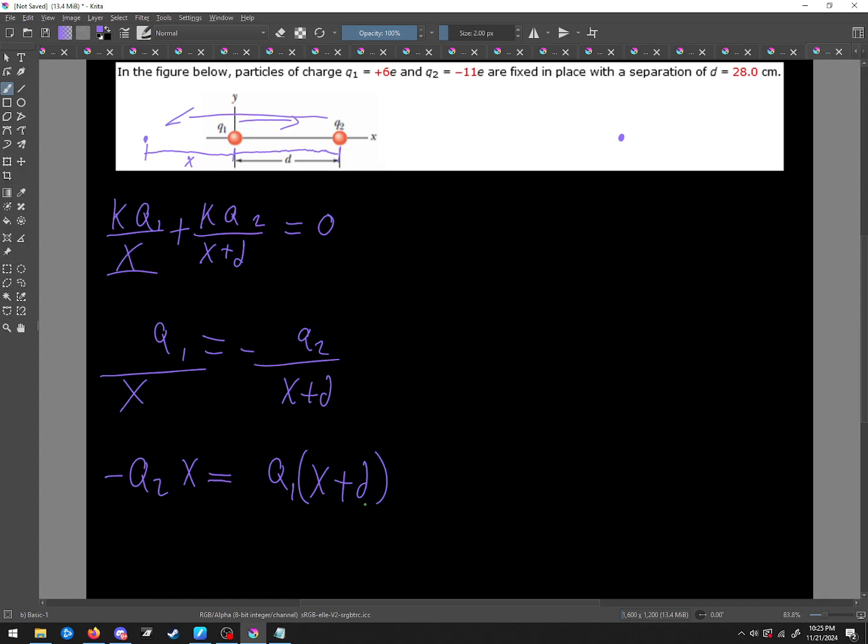The funny thing is, if we divide by x at this point, no, it could work. Let's divide by q1 and x. So now we have negative q2 over q1 equals x plus d over x. See, in my head, x is canceled now. That makes sense.